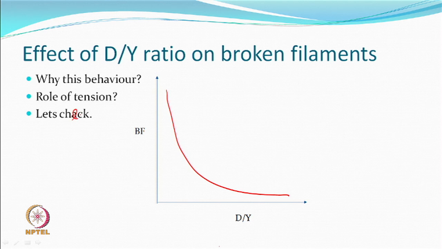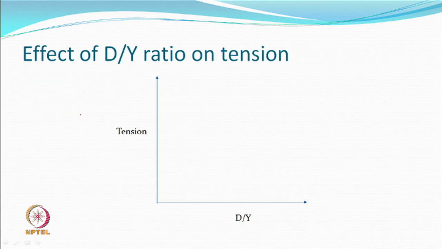So, we would like to see why does this happen. Before we answer this question, let us look at another relationship, if at all it exists. If you remember, when we said the D by Y ratio increases, the twist level increases, we also said something will be happening to the tension in the filament.